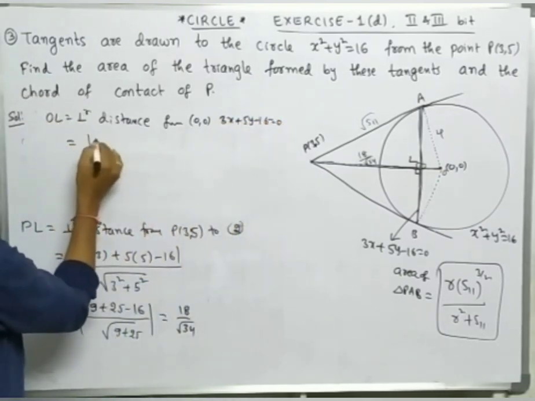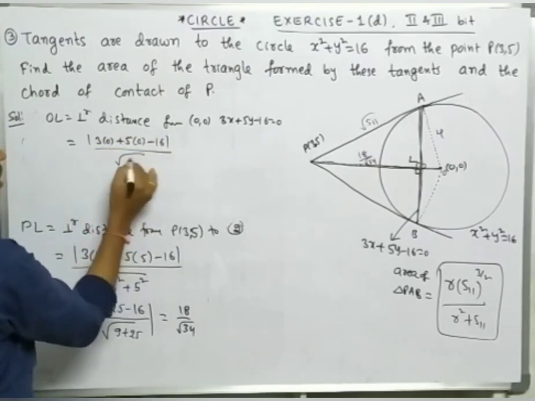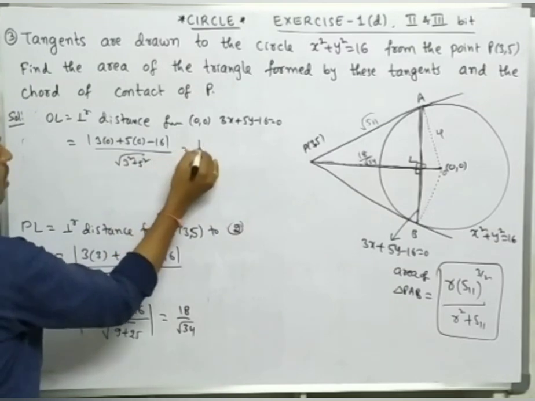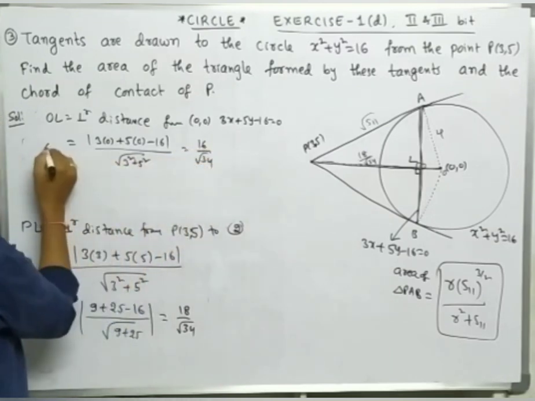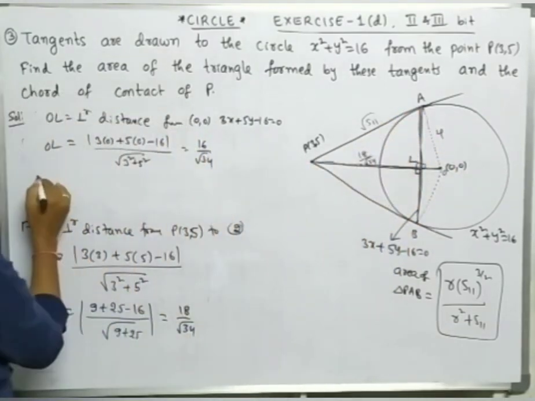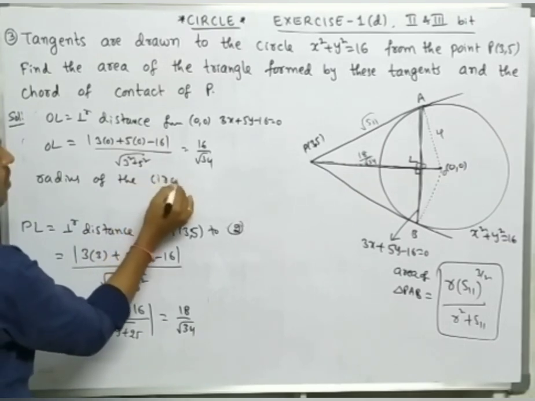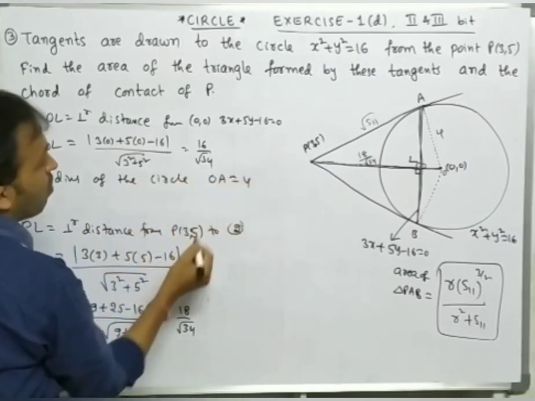So that is equal to modulus of (3 into 0 plus 5 into 0 minus 16) by root of 3 square plus 5 square, that is 16 by root 34. This is OL. Okay, next what is the radius? OA, the radius of the circle, OA is equal to 4.